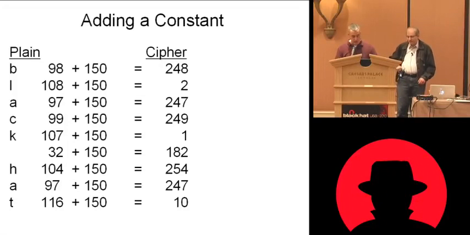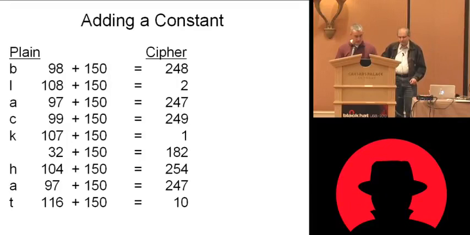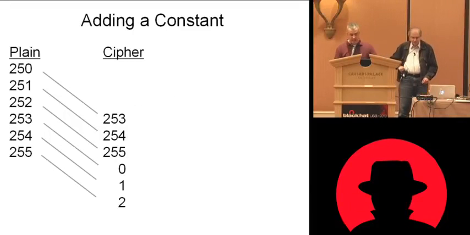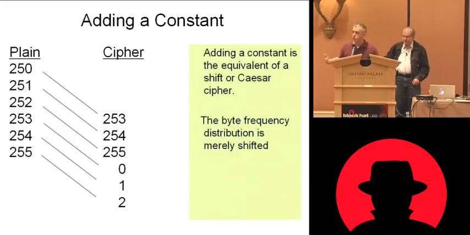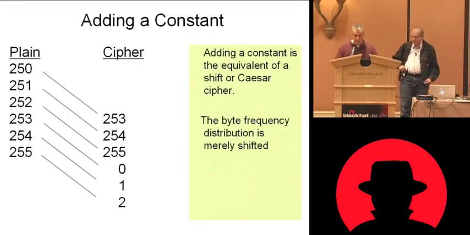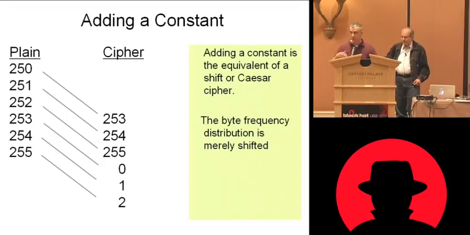So here's one where we've shifted each byte by 150 and wrapped around if it exceeded 255. By adding a constant, it's useful to think of that as a shift cipher, just shifting two alphabets side by side. But in the frequency distribution, it's still in the same order, it's just slid over.